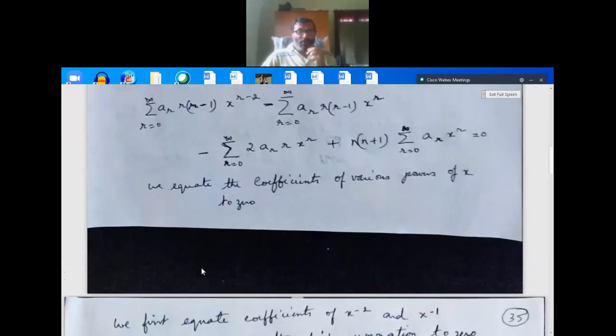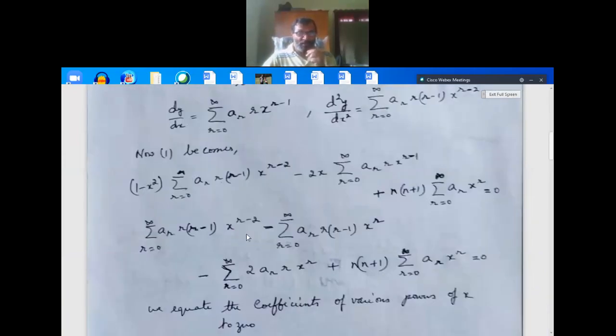Then we equate the next power, x power minus 1. Here x power minus 1 is not there, unless I put r equals 1. If I put r equals 1, I get x power minus 1, since 1 minus 2 is minus 1. So equating the coefficient of x power minus 1, I put r equals 1.